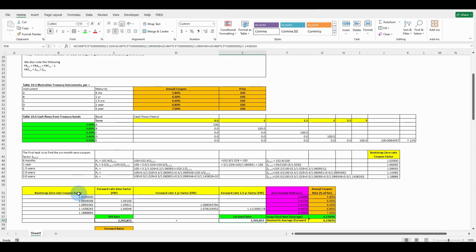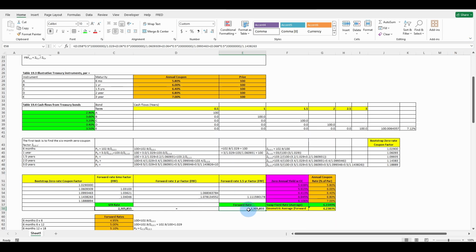Divide this by 1.609 to 0, and you can continue this, and you're going to come up with this number. Then you're going to have this forward rate, which is 0.058 times 0.05. Divide this by 1.029 plus 0.06 times, etc. And then you're going to eventually divide this by this number here. Does it continue? No. So now you have this forward rate.